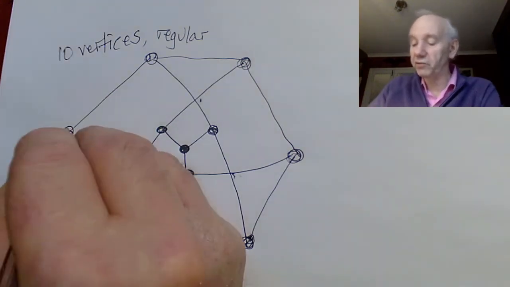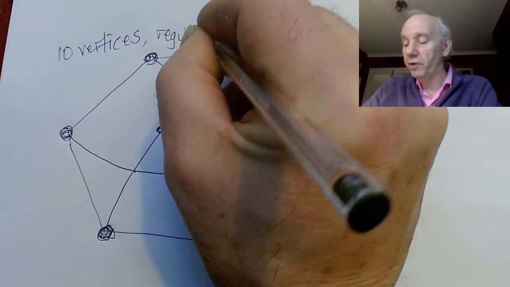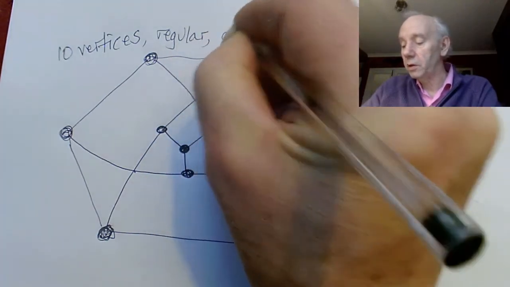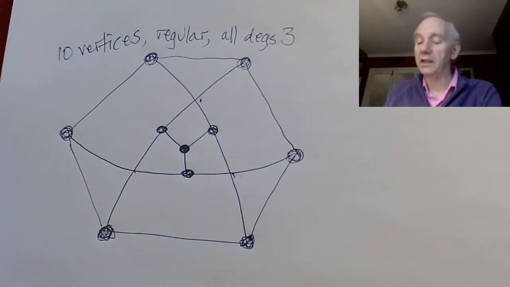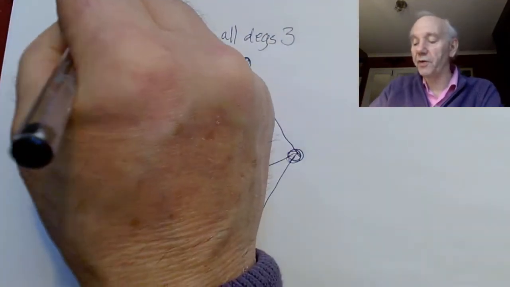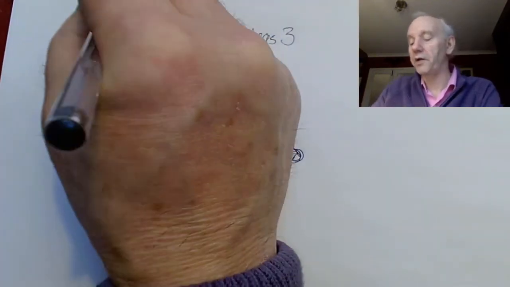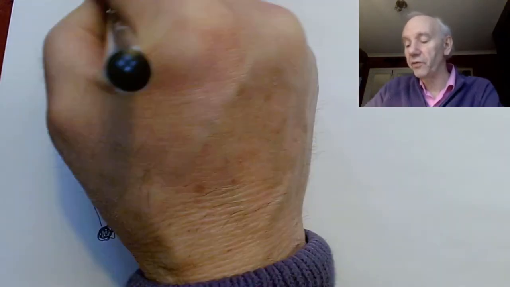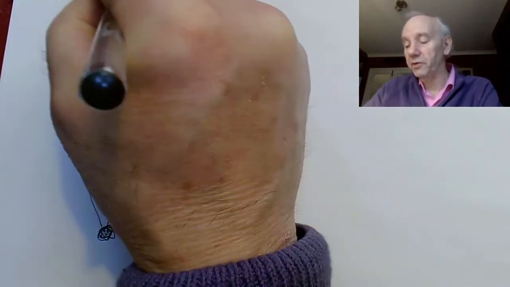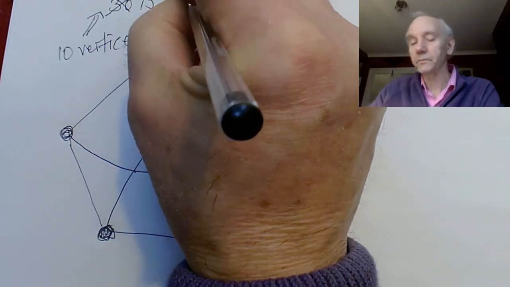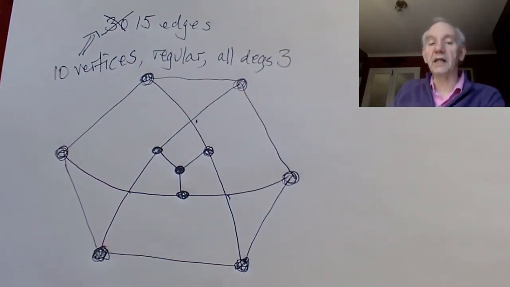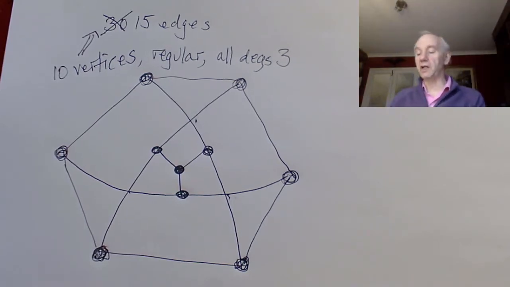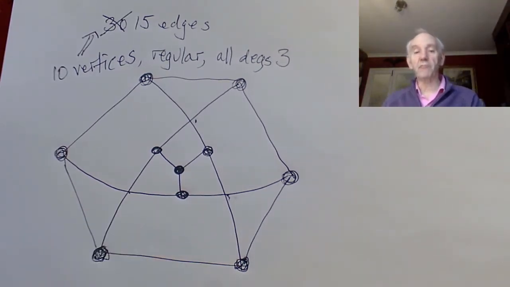All the vertex degrees are equal to 3. That means that it has 30 edges. Sorry, not 30 edges, 15 edges. 30 divided by 2. Okay, so it has the correct number of vertices and the correct number, and count them up if you don't believe me, and the correct number of edges.